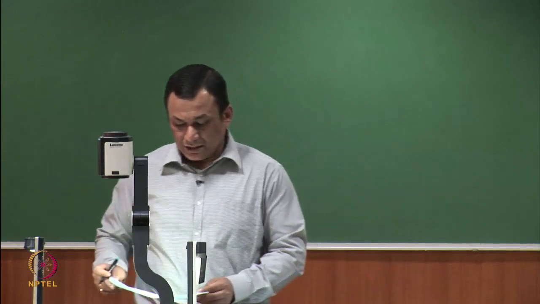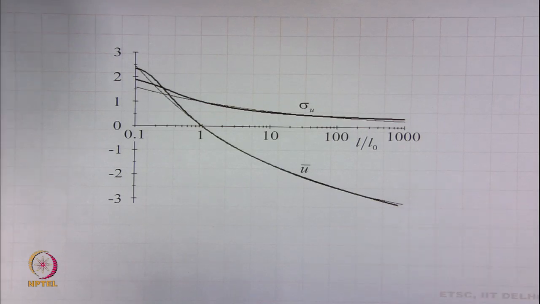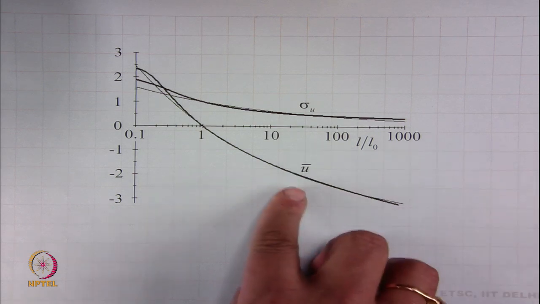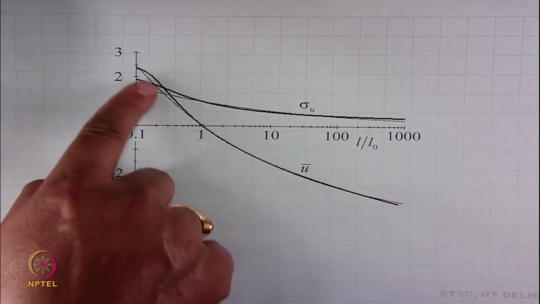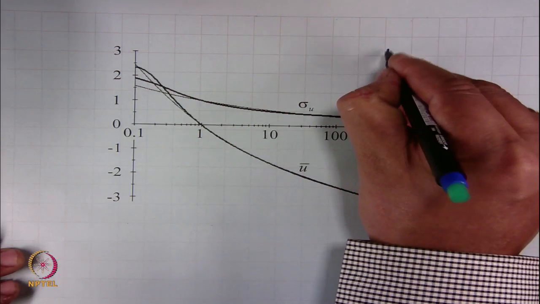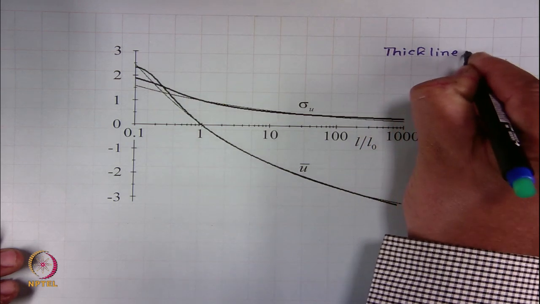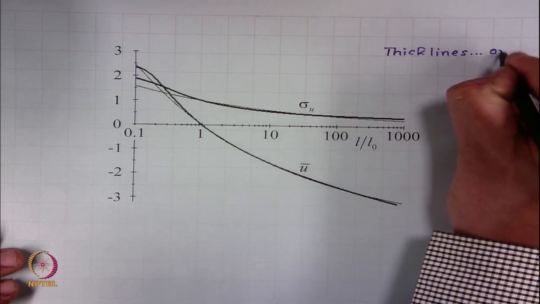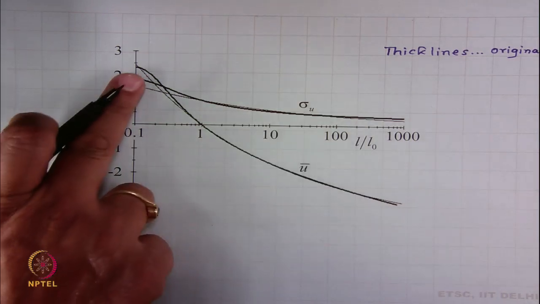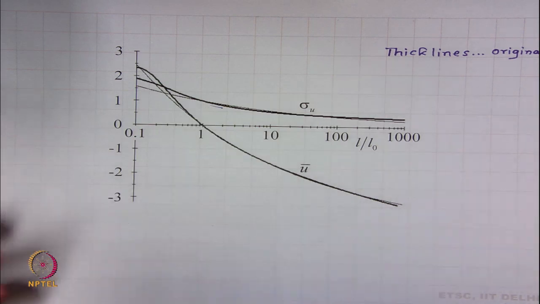So, that I will show you here. For different values of L by L naught, the thick line is basically the u bar. So, thick lines are the original one. So, this is for u bar and this thick line is for sigma u.